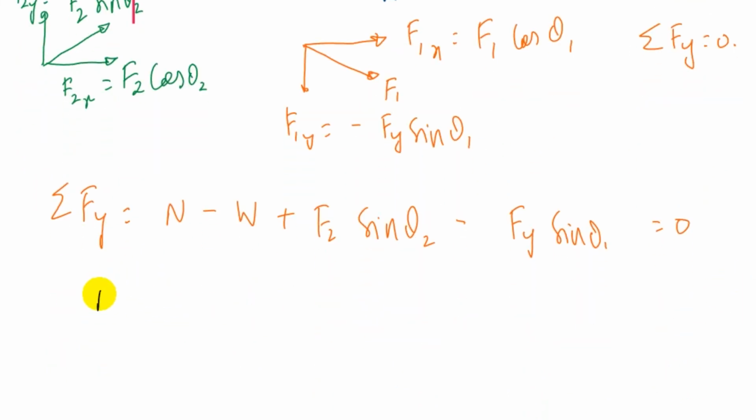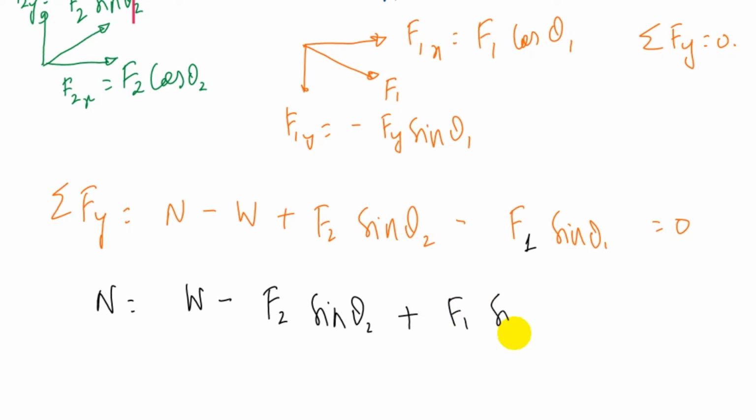Now from here the expression for the normal force N would be equal to W minus F2 sine theta 2, then plus F1 sine theta 1. Now we have to put the values.